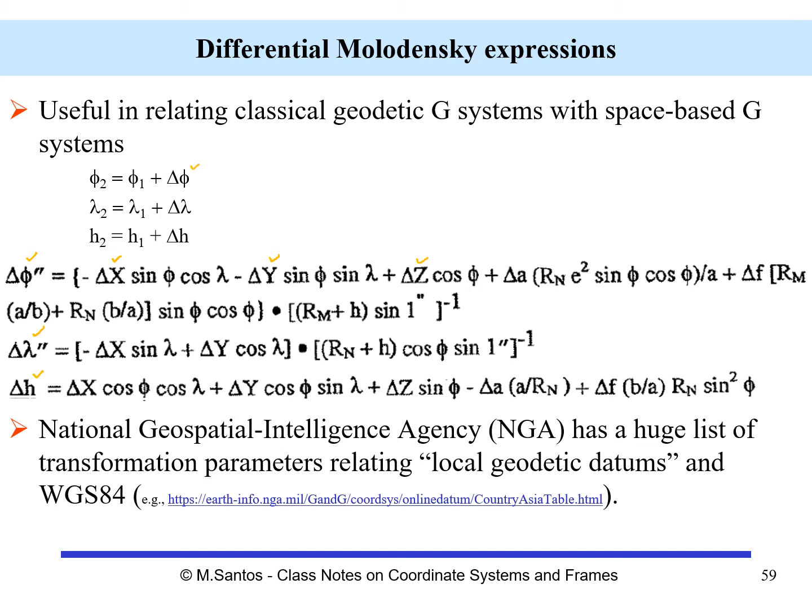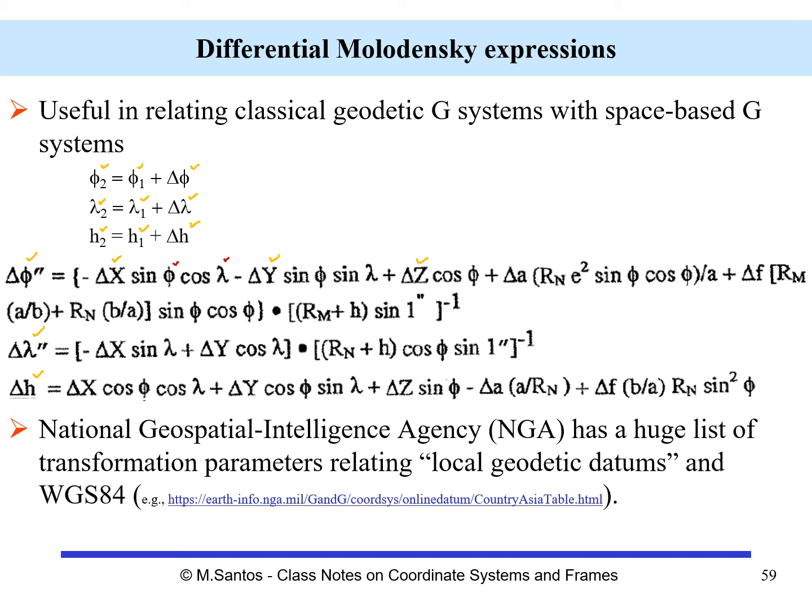And we'll then apply these corrections, these are constants, to system 1 to go to system 2. So system 1 would be classical, and system 2 would be a space-based system. What are the parameters we need for this computation. Of course, we're going to have the latitude and the longitude of the points.